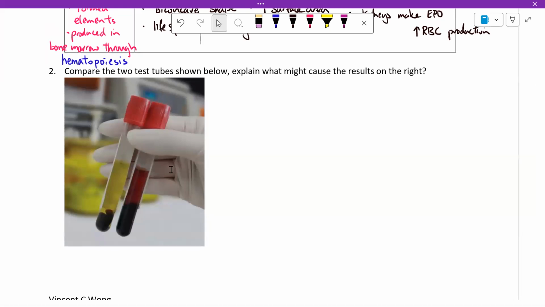Some kind of precipitate, all right. Albumin is less in plasma. Low albumin in the plasma. Anemia. Okay, all these are good suggestions.